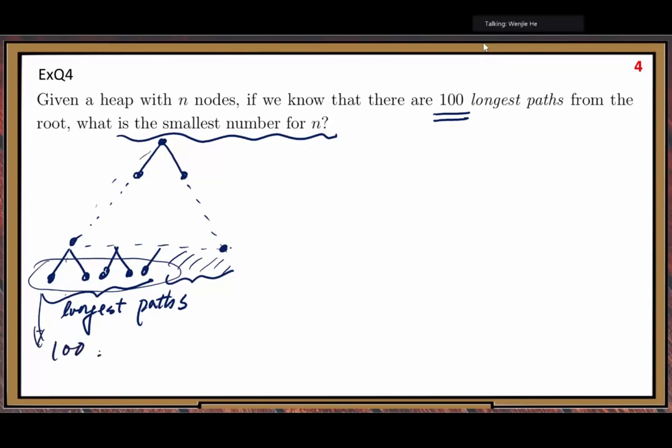Then let's estimate the number of nodes, minus the number of nodes above the bottom level.